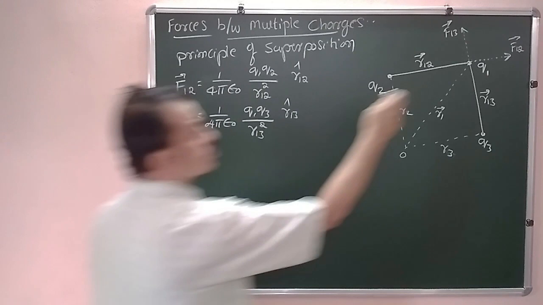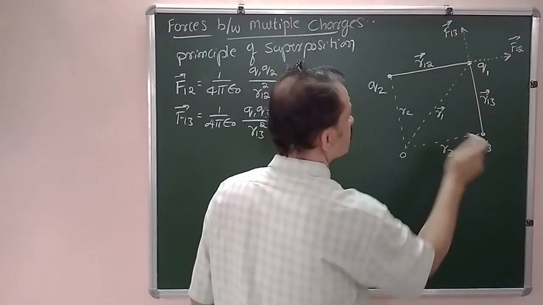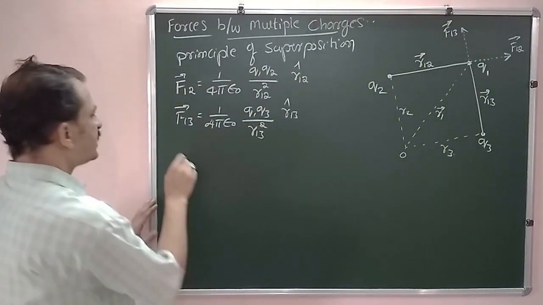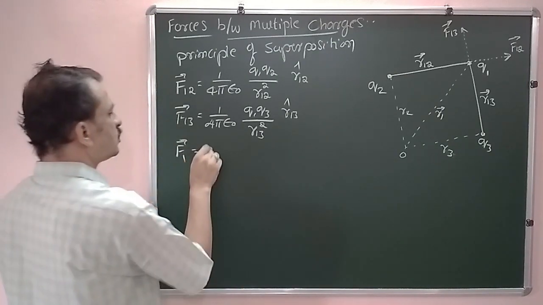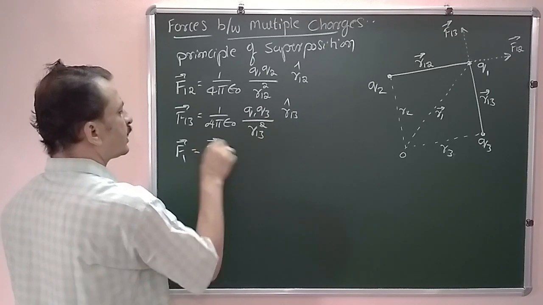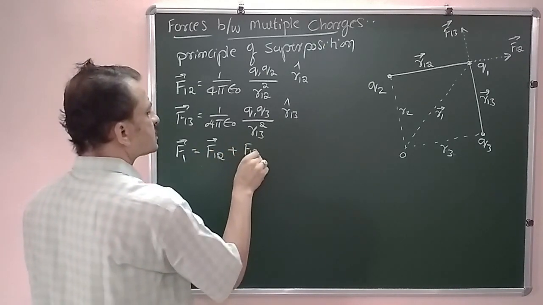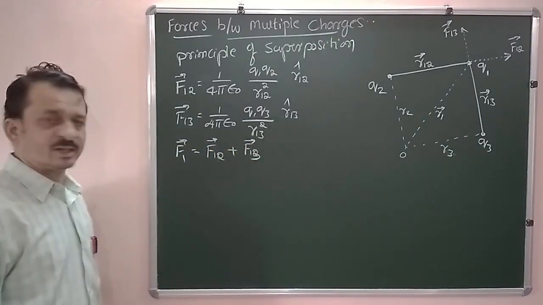Now what is the total force on Q1 due to these two charges, Q2 and Q3? It is the vector sum. Therefore total force F1 is equal to vector F12 plus vector F13.